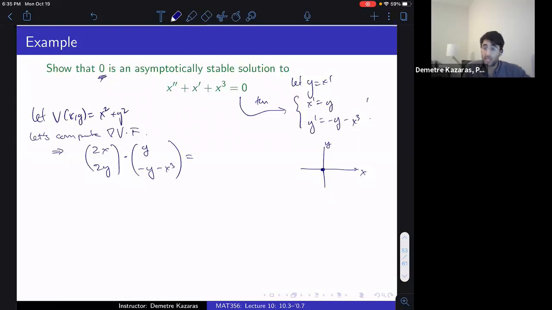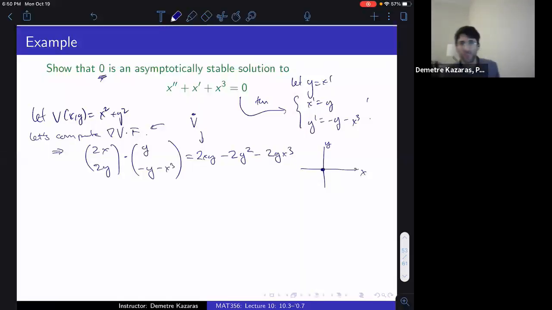We need to study this thing because if it is maximum at the origin, we're in good shape. Okay, let's take a look. This dot product is 2xy, and then minus 2y squared, and then minus 2yx cubed. So that is the v dot I mentioned earlier.